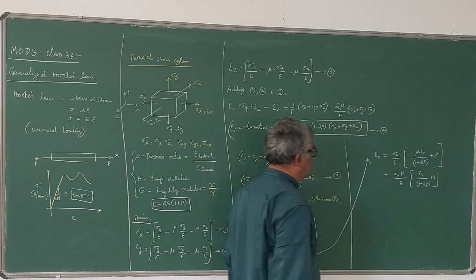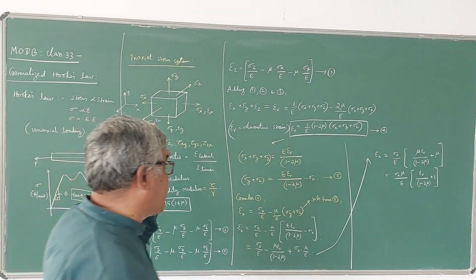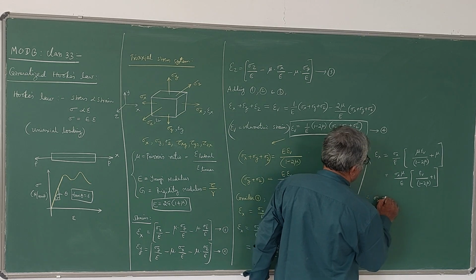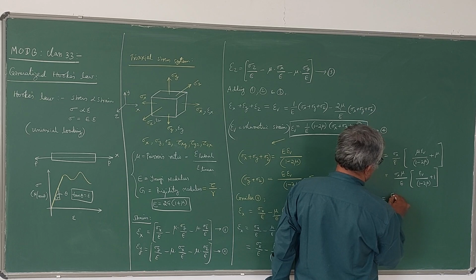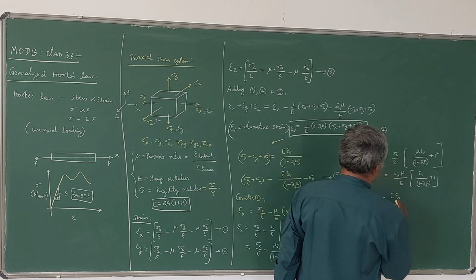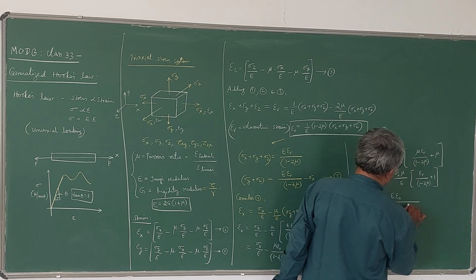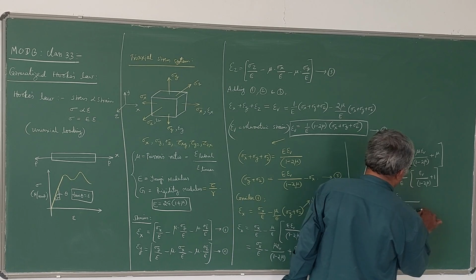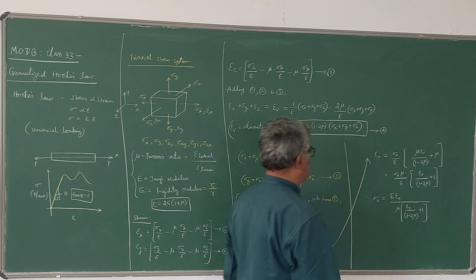If I want sigma x, then sigma x will be equal to E into epsilon x divided by mu into epsilon v by 1 minus 2 mu plus 1. This is what we get.